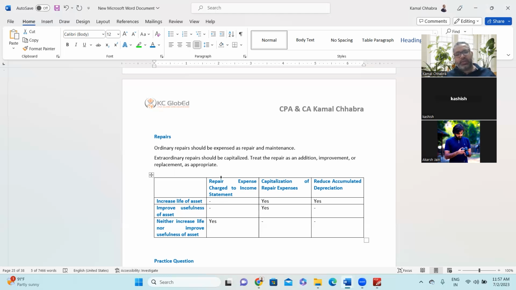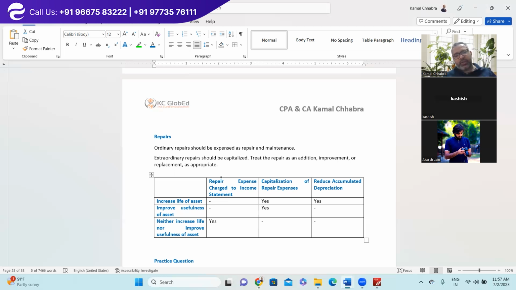Another example is increased usefulness. For example, if you have a printing machinery, let's assume, of your relative, right? Every day that printing machinery which you have installed produces, let's say, 100,000 square feet of printing material.